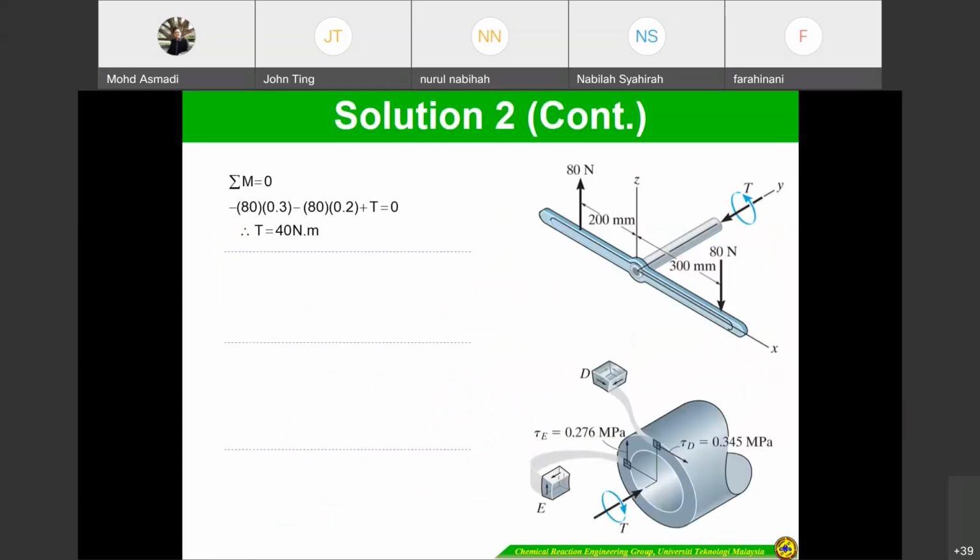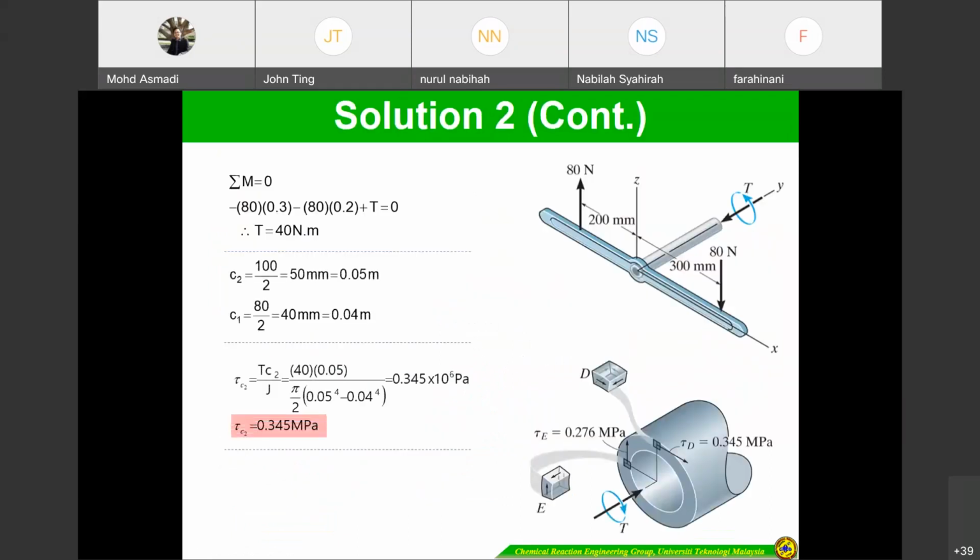This one, 40 Newton meter, positive. How do you determine the direction of T?